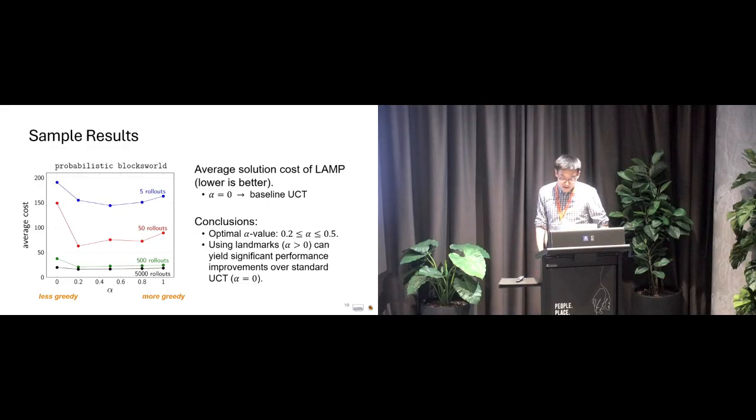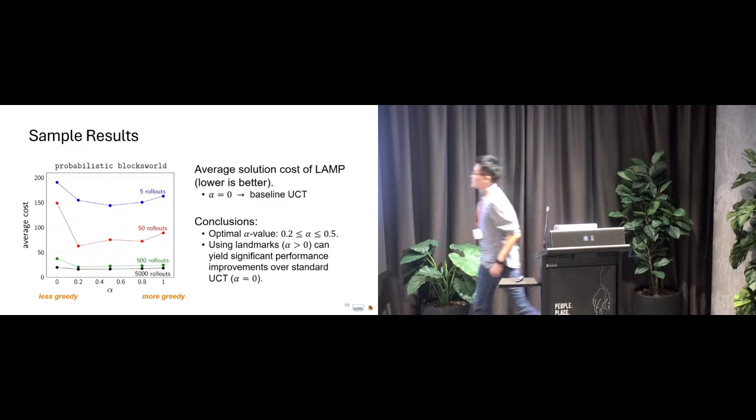In fact, just by adjusting alpha, we can sometimes achieve an improvement on par with increasing the number of rollouts tenfold. If you look at that blue and red line and go horizontally, you can see you achieve basically improvement equivalent to a tenfold increase in the number of rollouts.